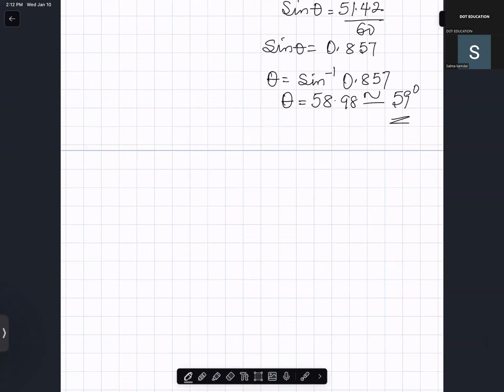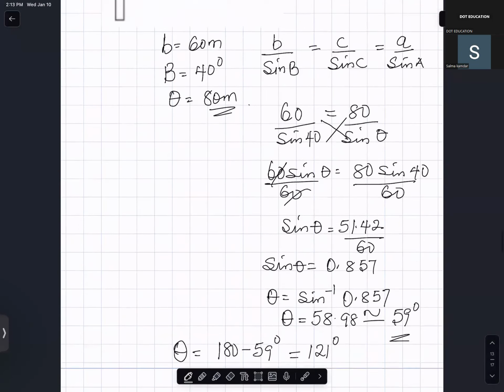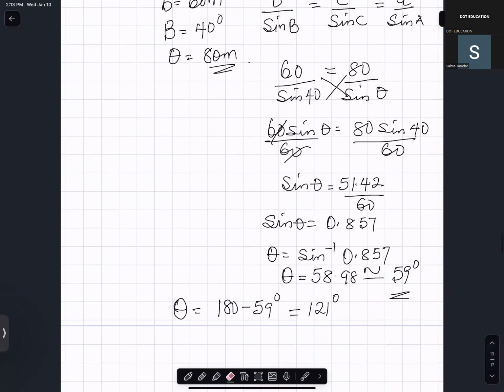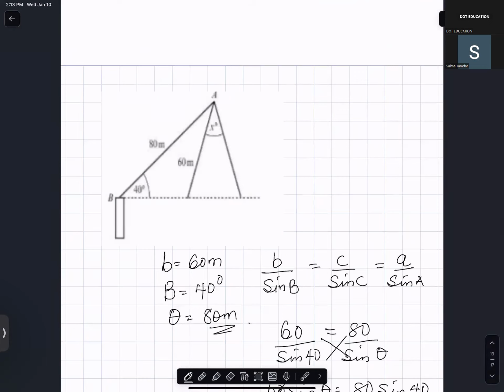So the other value for theta is 180 minus 59 degrees, which gives us 121. Since it's an obtuse angle, the value for this becomes 121 degrees.